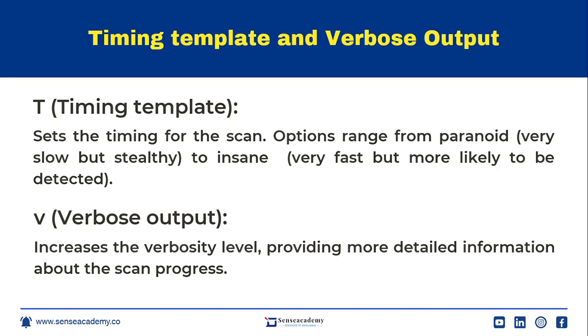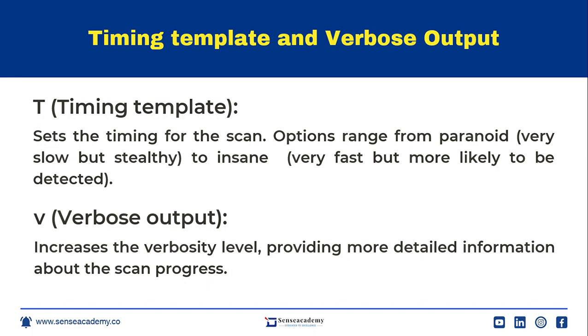And the very next important thing is that while fetching the output, we can go for checking the timings also, and we can go for a bit more advanced level of scan as well by using timing template and verbose output.